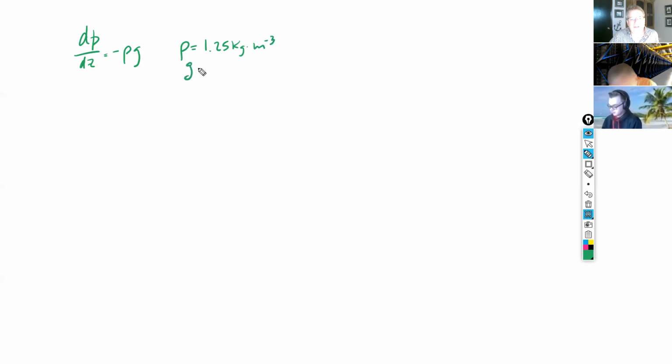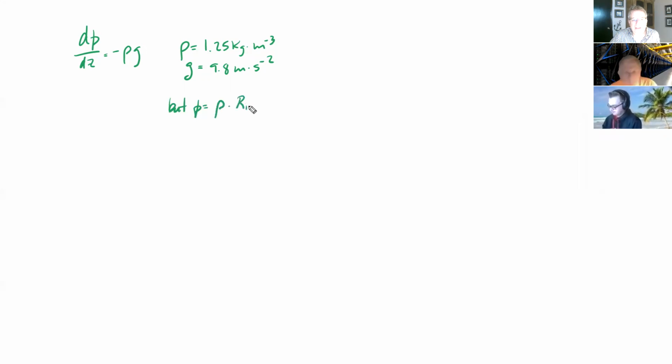And we know that gravity is 9.8 meters per second squared. And I want dT/dz. So what do they do? They go, well, but pressure is equal to rho Rd Tv.